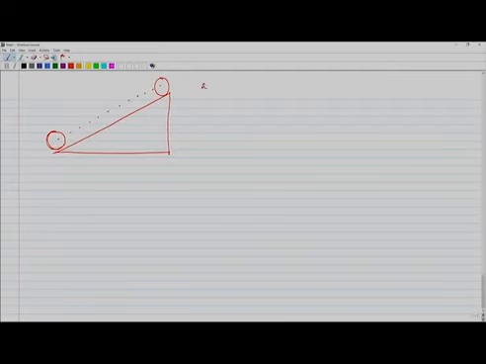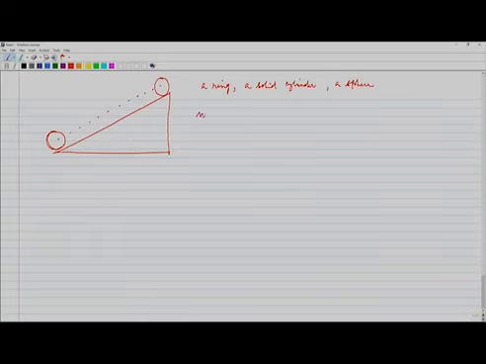So I have a ring, a solid cylinder and a sphere. Now at this point, whether it is a ring, a solid cylinder or a sphere, the object will have only potential energy. When it comes here, it will have only kinetic energy.